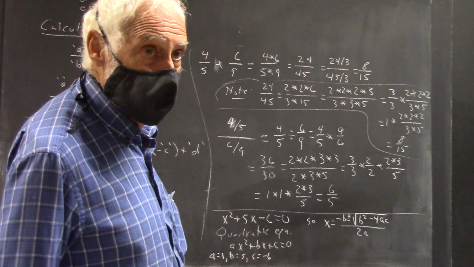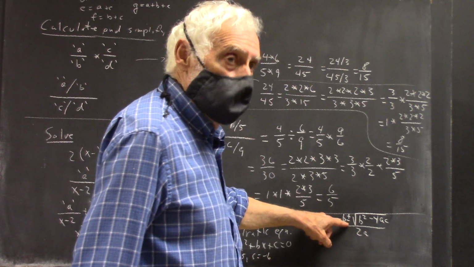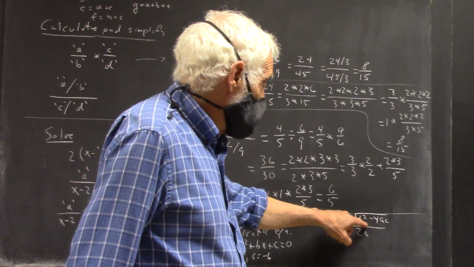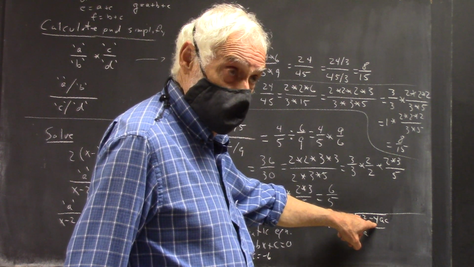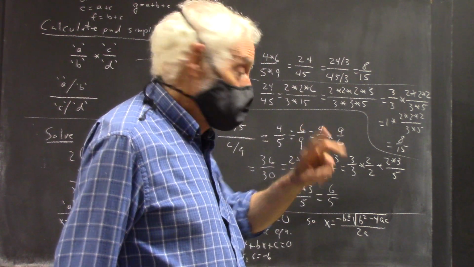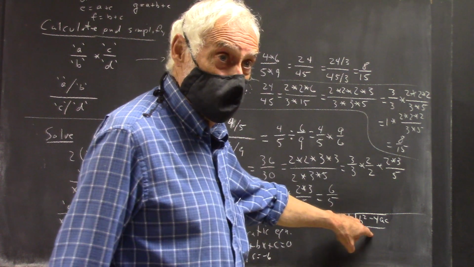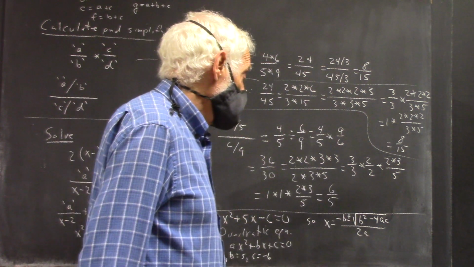So there's x. Two possible solutions, one corresponding to the plus, one corresponding to the minus. Provided the expression under the square root isn't 0, there'll be two solutions, because when you add something that isn't 0, you get something different than when you subtract it. That's pretty obvious if you want to think it through.